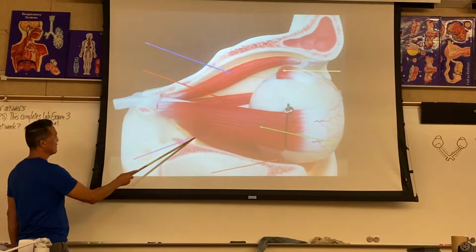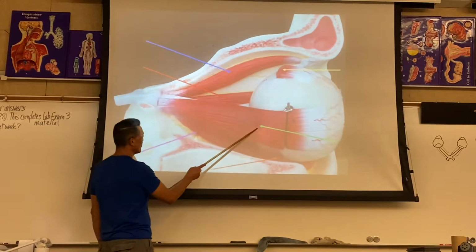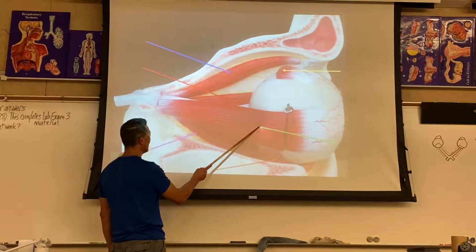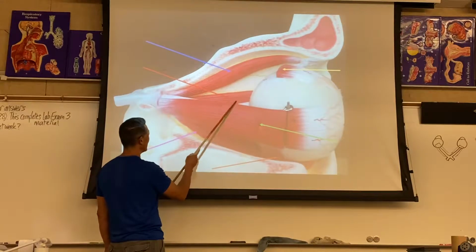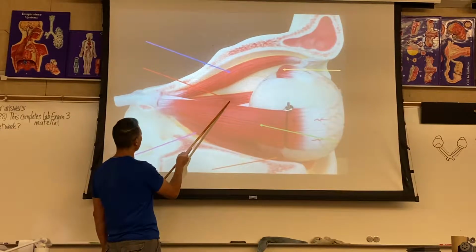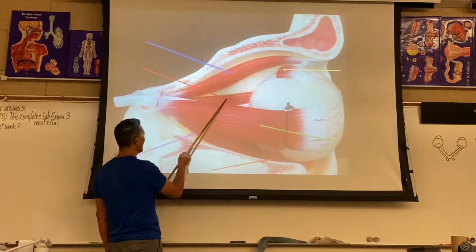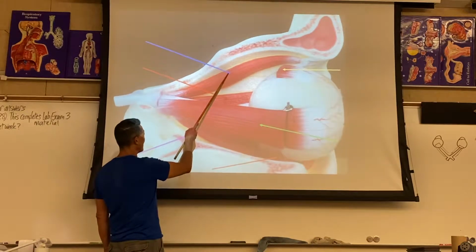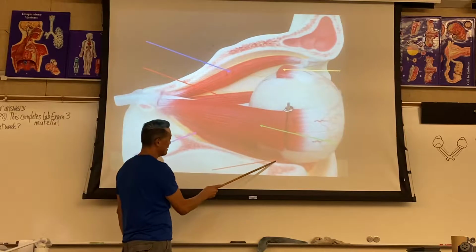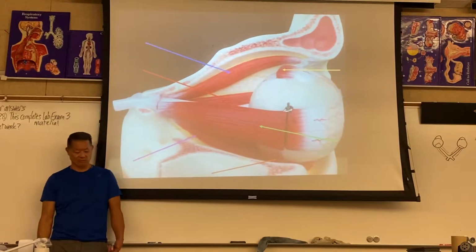In pink, inferior rectus. In light green, lateral rectus. But here for the first time is the medial rectus in red. We've already seen the superior oblique muscle in blue, but now here in orange is the inferior oblique muscle.